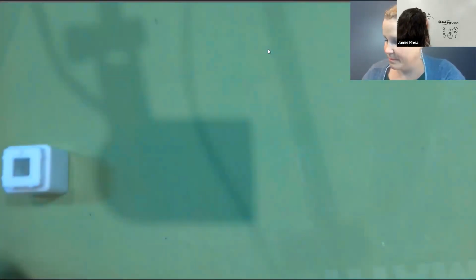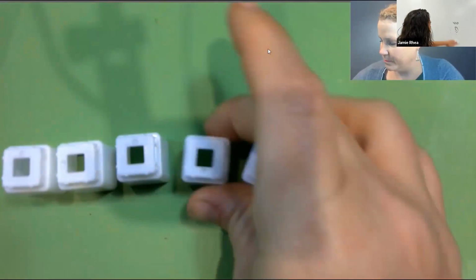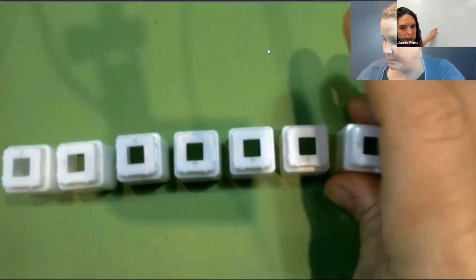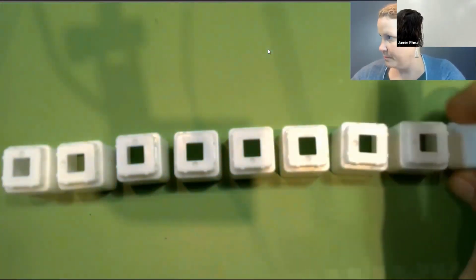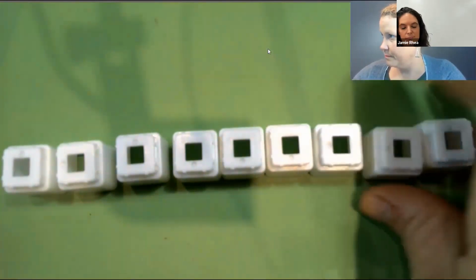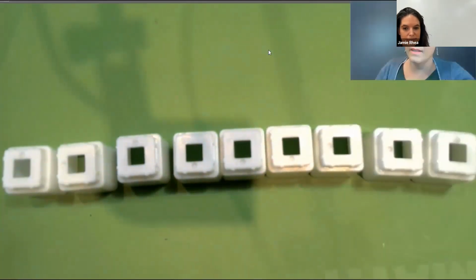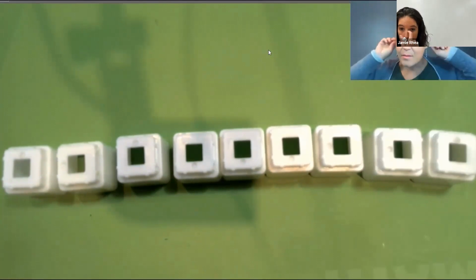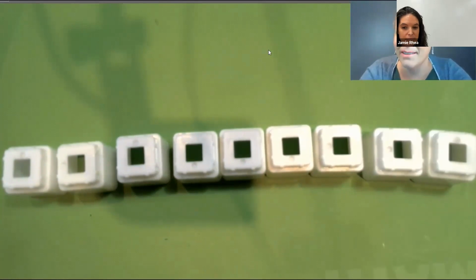Let's try another one. Okay. I caught 9 bugs. If you still have your magic glasses on, great. If not, be sure to put them back on because they'll show you what kind of bugs I have.